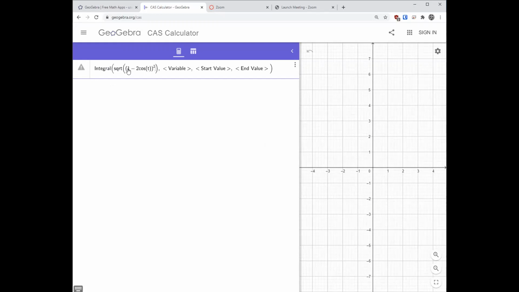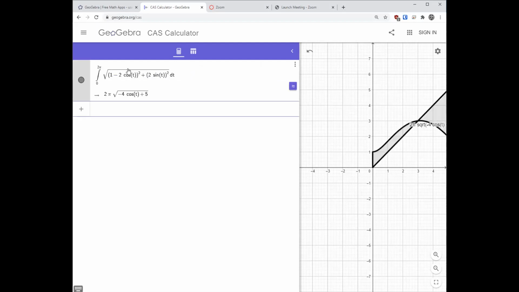Use the arrow key to come over, and then plus 2 sine of t, squared. That's all square rooted. And then for the variable I'm going to put t. For start value, I'm going to put 0. And for end value, I'm going to put 2 times pi. Okay, and they give me some really weird looking thing here, but just press these approximating things.